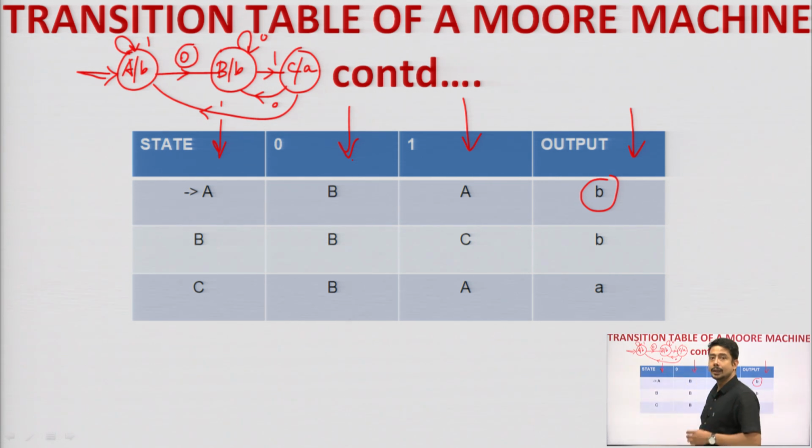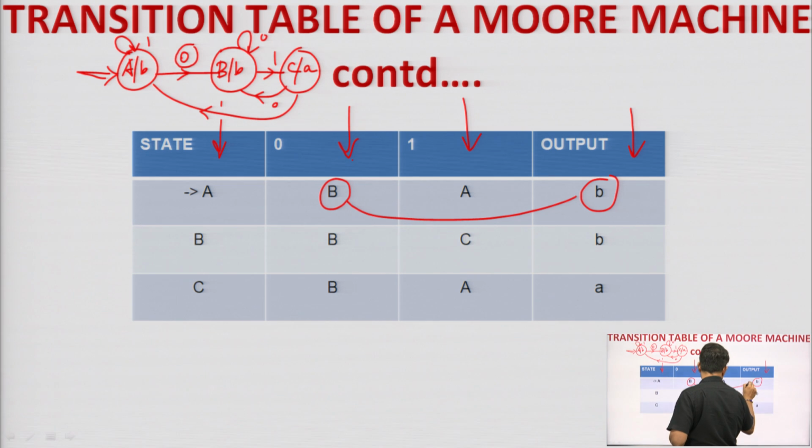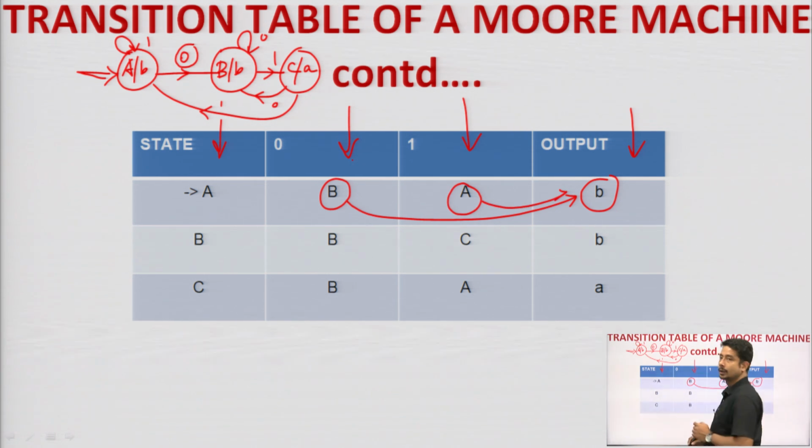It is entering state B, and what is the output of B? Small letter b. This B corresponds to this, A corresponds to this, it will definitely match. Next, A on seeing 1 comes to itself, A. What is the output of A? Small letter b. Clear.